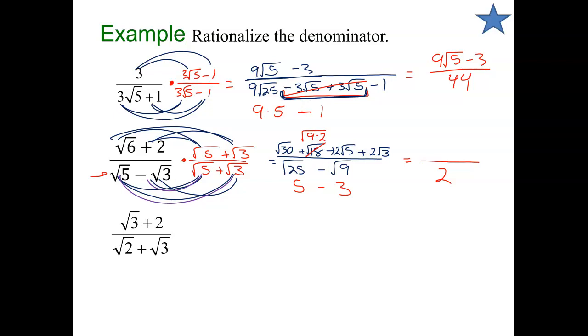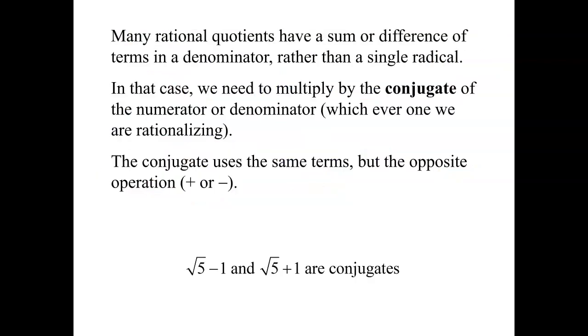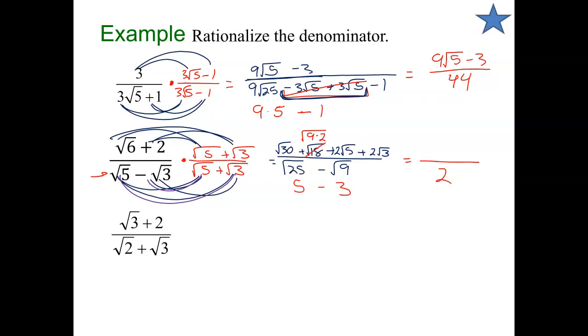Can I simplify the square root of 30? Give me a factor of 30 that's a perfect square. Nope, can't. None of those are perfect square factors. Okay, so we're going to leave it as square root of 30. Square root of 9 times 2 becomes 3 root 2. Okay, 2 root 5.